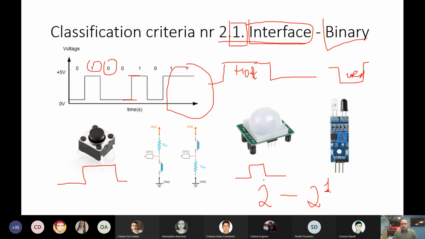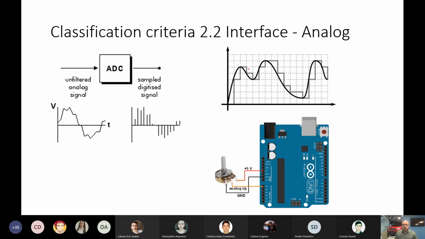Okay. Why are we speaking about that? Because we will have the next limit of the resolution, and we'll have the analog interface. The analog interface is usually more appropriate to the real world, the physical environment, and usually we are measuring, let's say, temperature in degrees Celsius, or when we are measuring the length, or the speed.